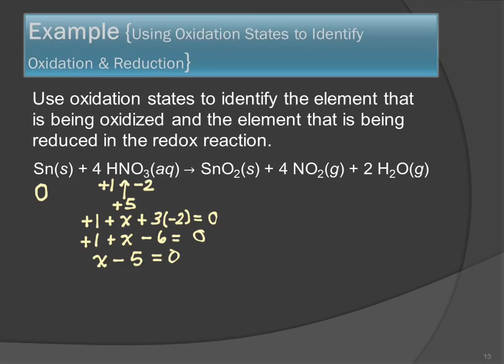So we're going to look at the oxygen first and use that to figure out the oxidation number for the tin. So oxygen wants to be -2. So we have X for the oxidation number of tin plus 2 times the oxidation number for the oxygen, and that has to add up to 0. So X minus 4 equals 0. What's the oxidation number for tin? +4.